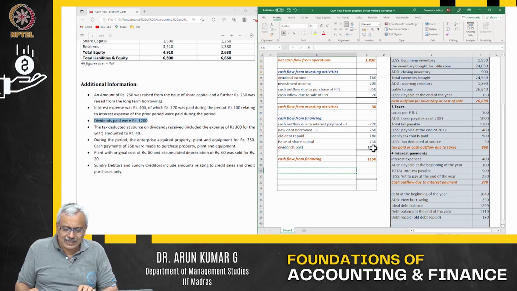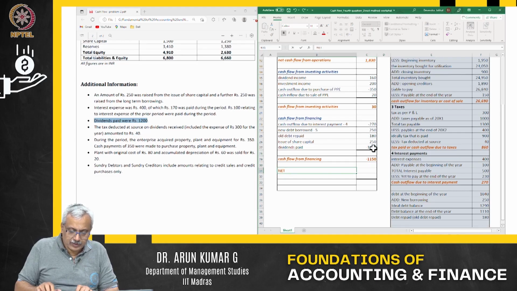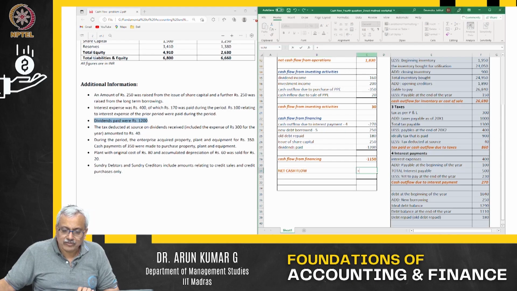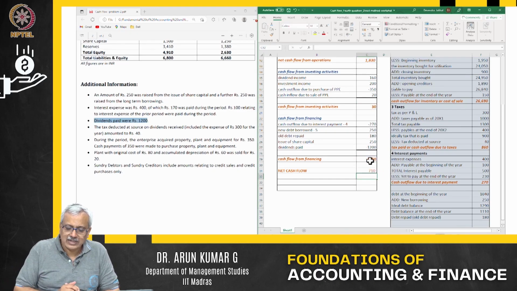So, what is the net cash flow I have? The net cash flow for the company is cash flow from operations plus cash flow from investing plus cash flow from financing activity, that is $710.